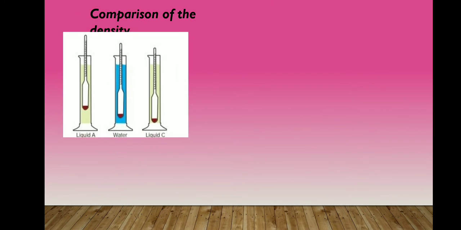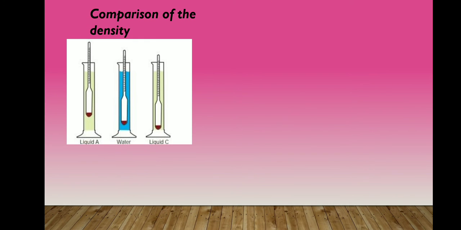Okay, my dear students, now let's move to the comparison of density. Here you are given two liquids and water. You have learned the density of water is 1000 kilogram per cubic meter. Here unknown liquids are given. Now you are going to compare them. Look at this one. The first one sinks less. The third one sinks more.